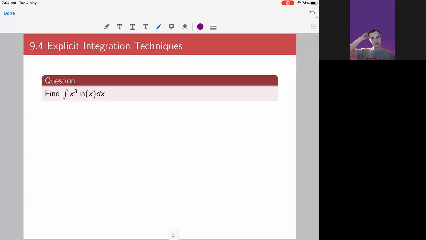So let's have a look at an example. The example I'm going to give you is x cubed times the logarithm of x.